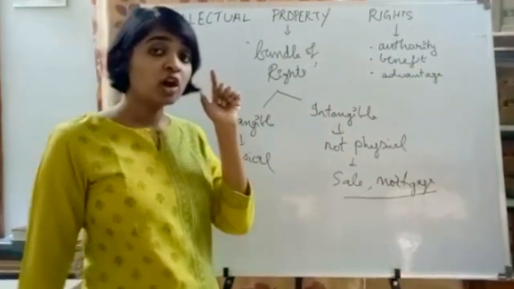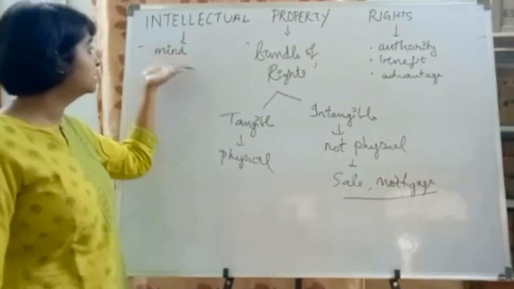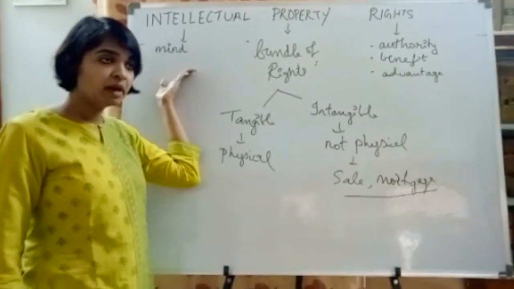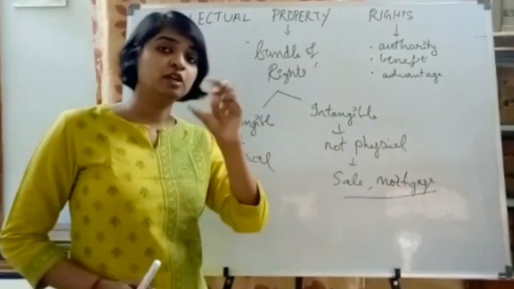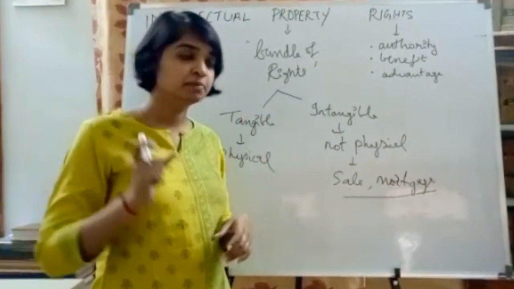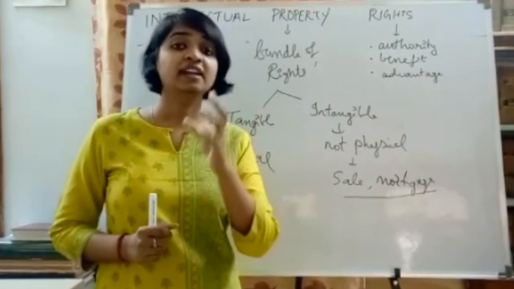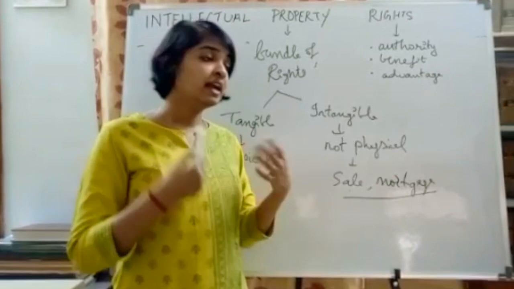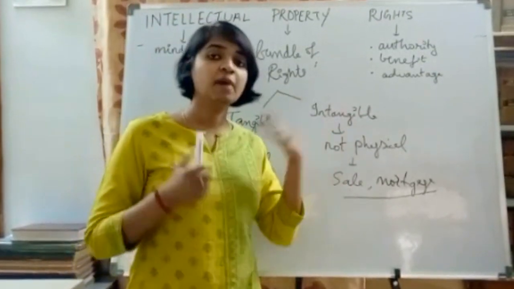And you can apply your mind from this very term I told you. Intellectual itself means it has something to do with the human mind. So take Apple, they have applied their mind to come up with that particular apple shape, the symbol, and with that particular symbol only we are able to identify that particular product, and that product is then used for sale, from which we are buying that product.